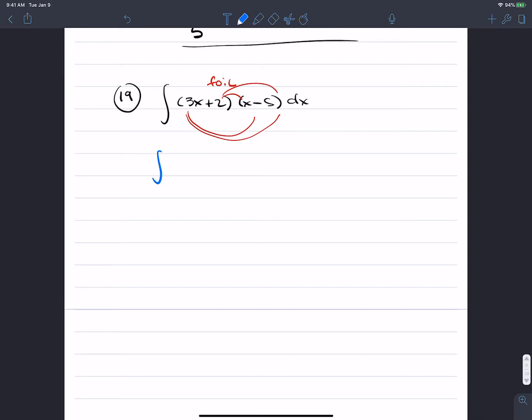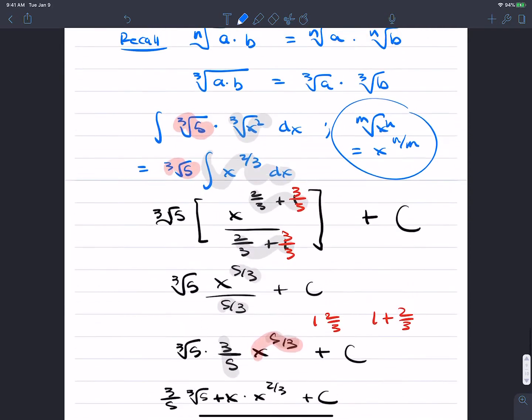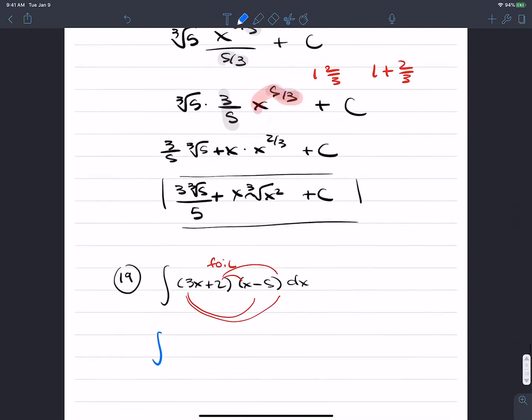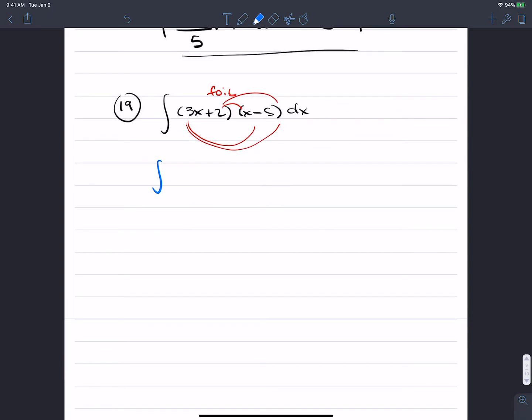So you'll end up here with, let's double check. By doing that algebra, we get 3x squared, first terms, outer terms, minus 15x, inner 2x, minus 10.